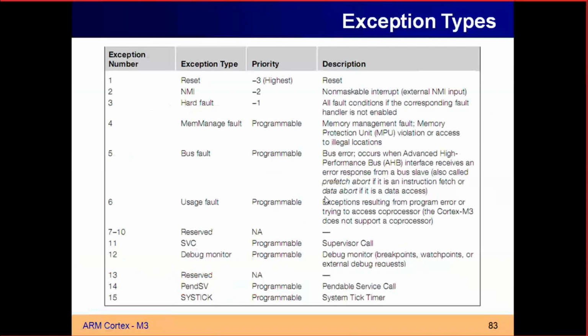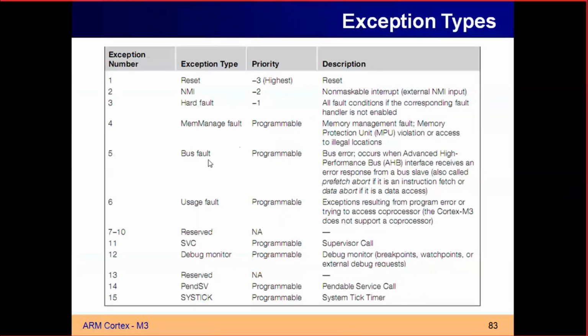So this is what we have seen before, 0 to 15. These are the interrupts or exceptions available in Cortex M3. All these are different kinds of exceptions. Some of the exceptions, such as usage fault, bus fault, memory management fault, and hard fault, we'll see in detail later.